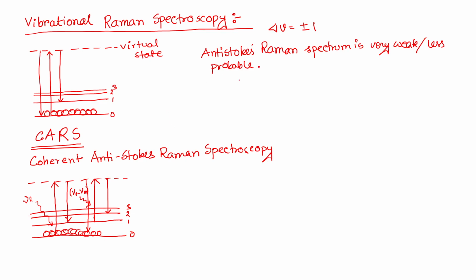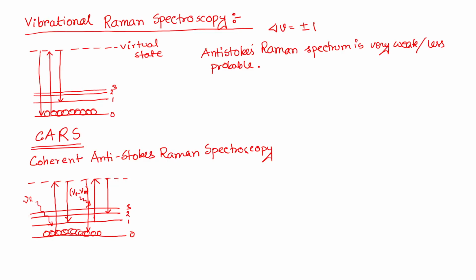Now, even in this case, Rayleigh is highly intense, and then there is Stokes scattering. Now we will discuss how the Raman cross section looks. Let us discuss it maybe here.